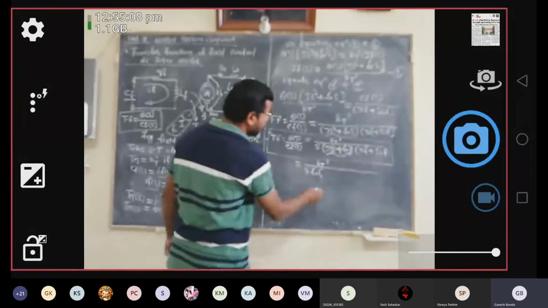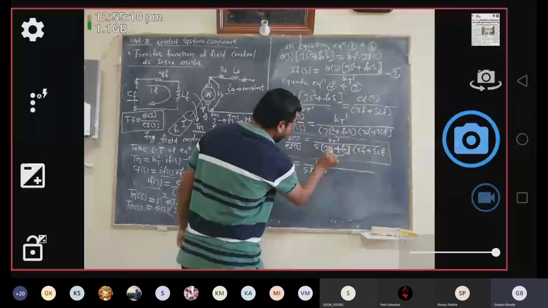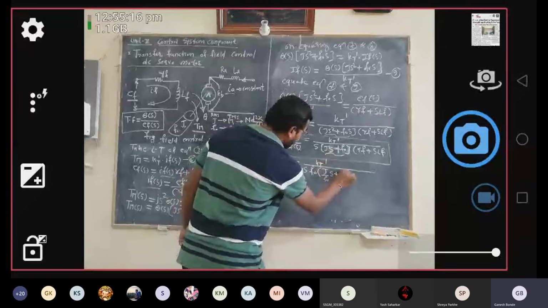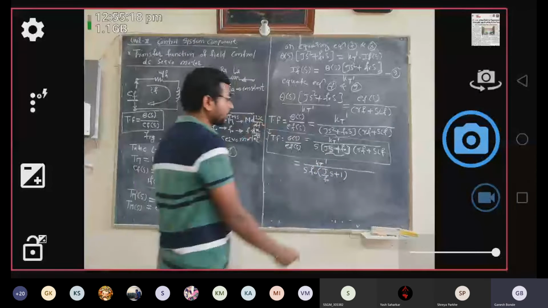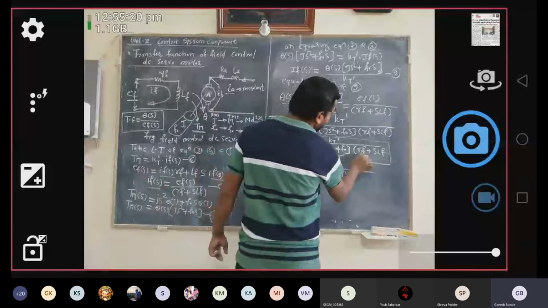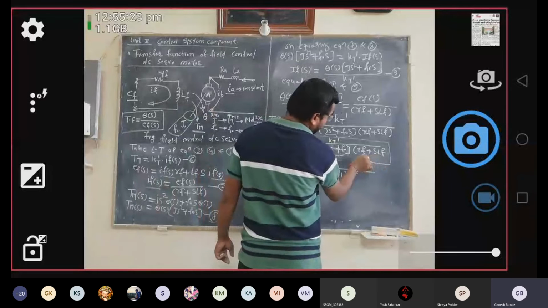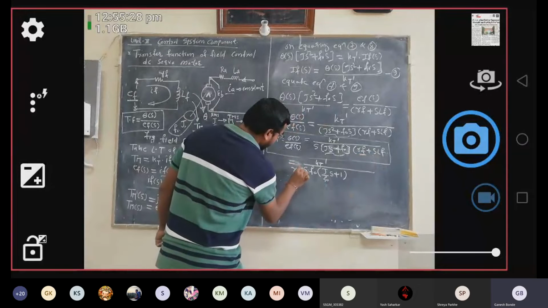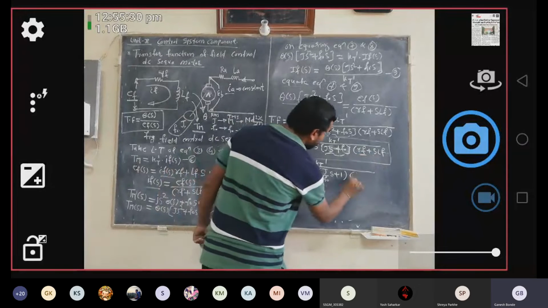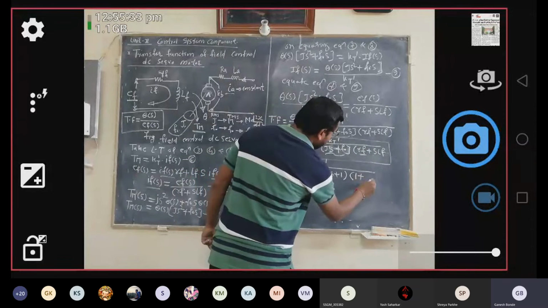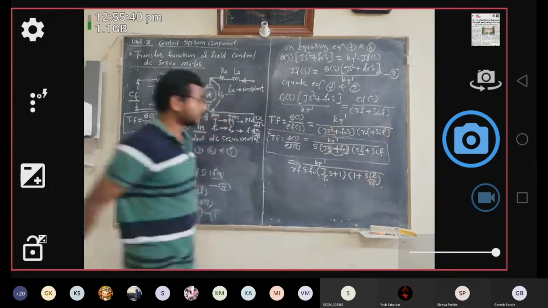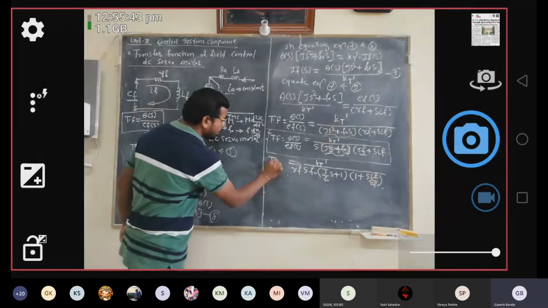Okay, so in the bracket what remains, since this term has no F0, is J by F0 into S plus 1. Then similarly, from this term, you can take this RF term common, so it becomes 1 plus S LF upon RF. Okay, and this is your transfer function.